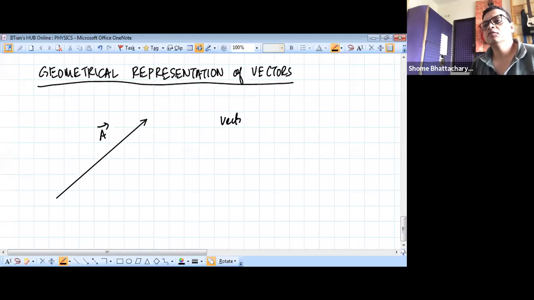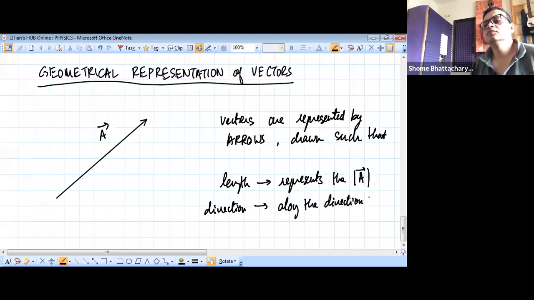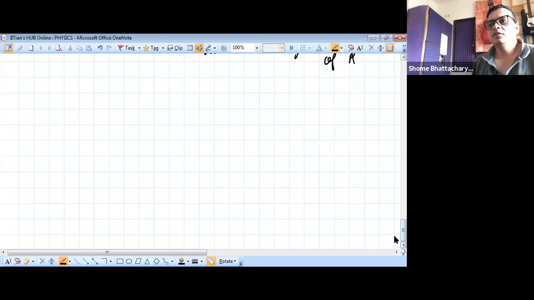So vectors are represented by arrows which are drawn such that the length of the arrow represents the magnitude, and the direction of the arrow is along the direction of the vector.